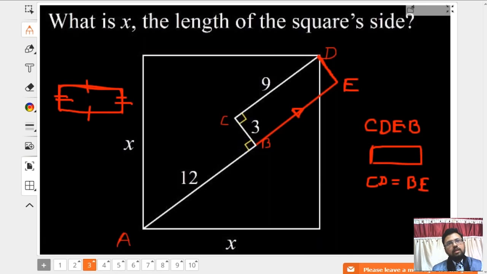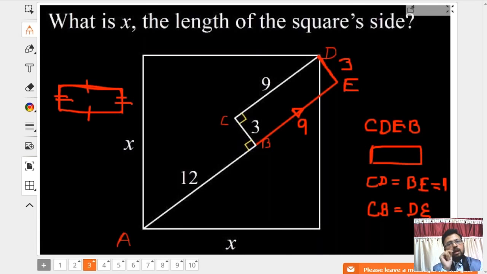Similarly, CB will also be equal to DE. Same property: opposite sides of a rectangle are equal in length. So can I write this as 9? BE becomes 9 because CD is 9. And this is equal to 3.